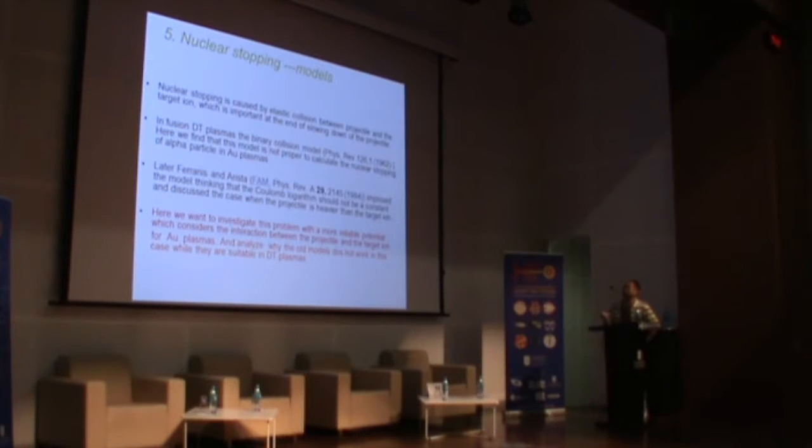We find that the two old models don't work in this case. So here we want to investigate this problem with a more reliable potential and analyze why the old models don't work in this case while they are suitable in DT plasmas.